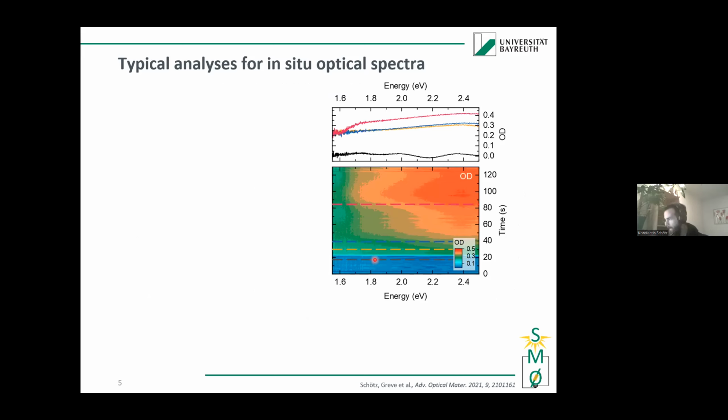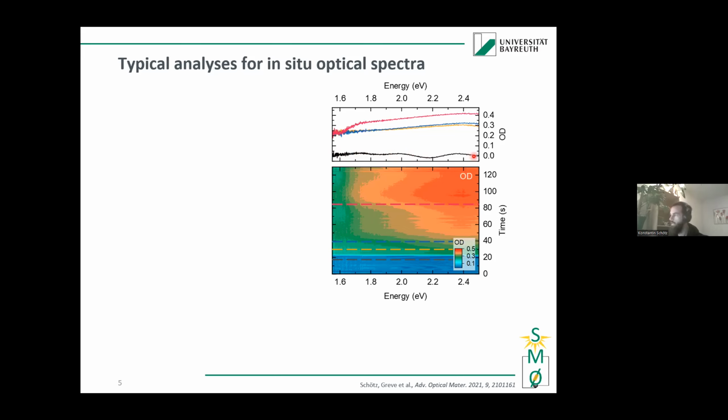Okay, so let's look at the spectra here before anything is apparently happening in the map. This black spectrum up here is rather flat, but we see some kind of modulation.